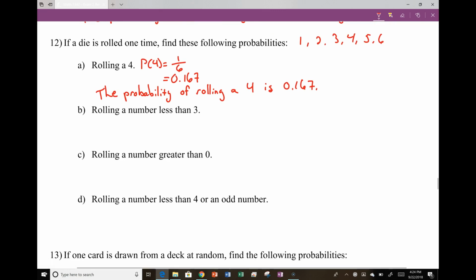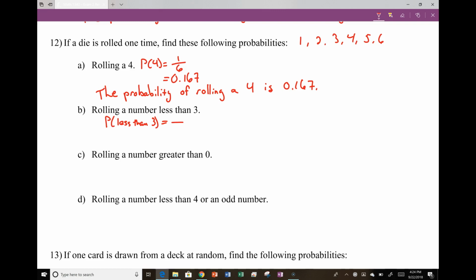Find the probability of rolling a number less than 3. So we want the probability of less than 3. Here's 3, and we want less than. That's only going to include the 1 and the 2.